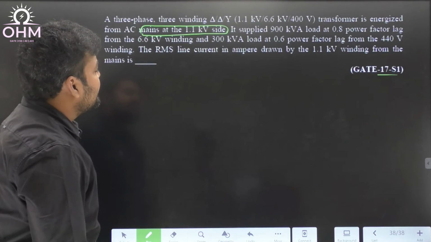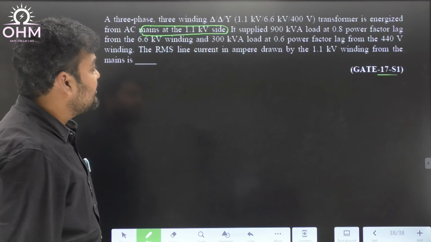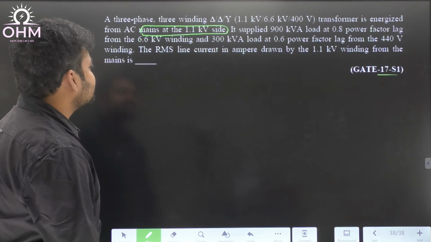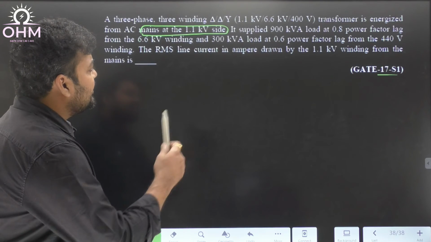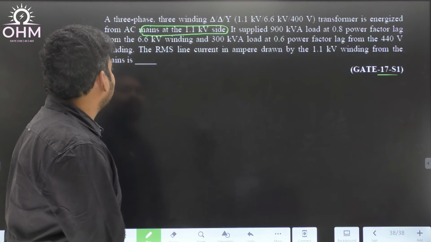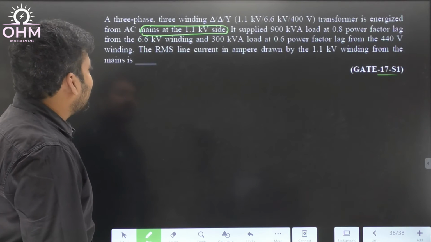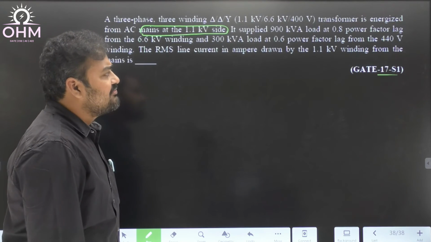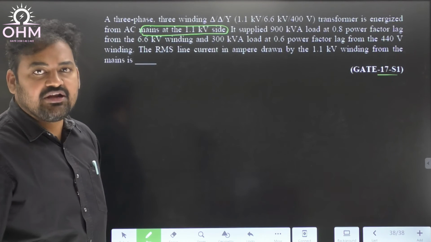It supplies 900 kVA load at 0.8 power factor lagging from the 6.6 kV winding, and 300 kVA load at 0.6 power factor lagging from the 440 volt winding. The RMS value of the line current in ampere drawn from the 1.1 kV winding is how much?